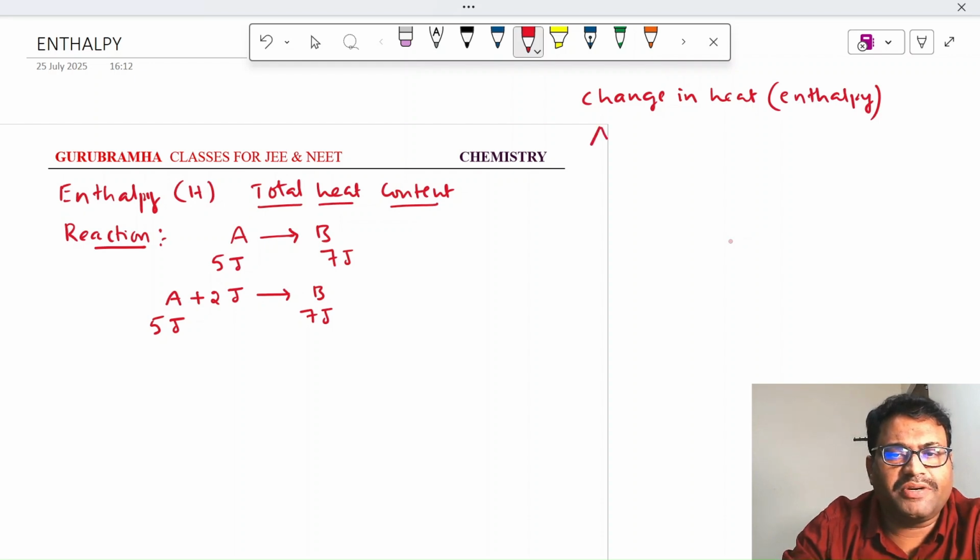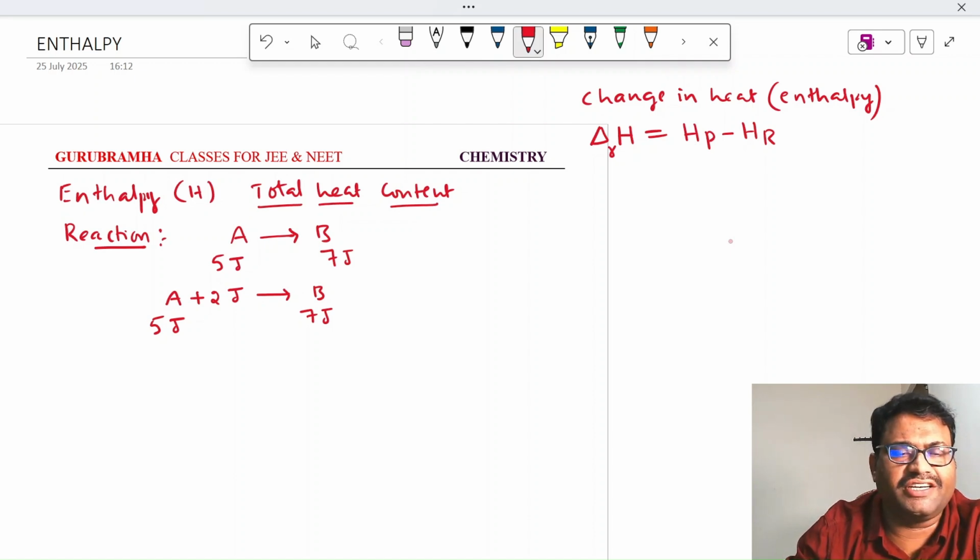Change in enthalpy is represented by delta H. If it is represented for a reaction, we write R here: delta R H. R is representing a reaction. Then this is equal to HP minus HR, the enthalpy of the products minus the enthalpy of the reactants.